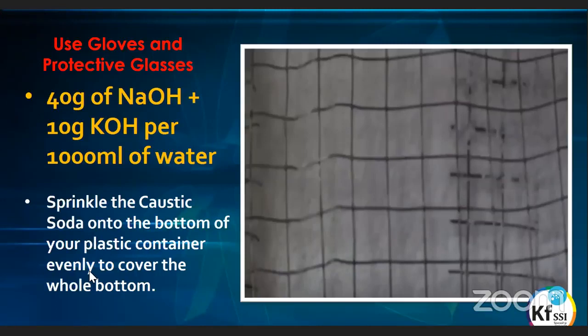Let me add a little thing here. The presence of potassium is very important. When you buy your caustic soda, sometimes you find its chemical composition is, let's say, 90% sodium hydroxide and the rest is something else. If it accidentally contains potassium, it's fine, but usually we add potassium.